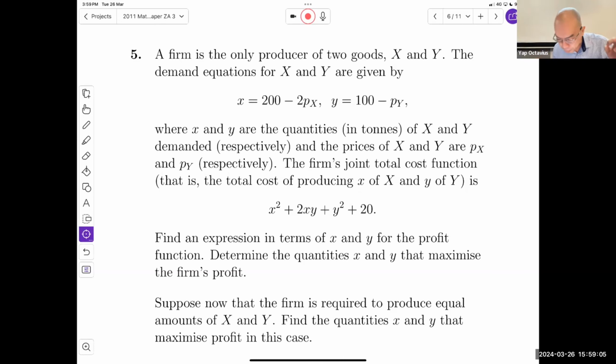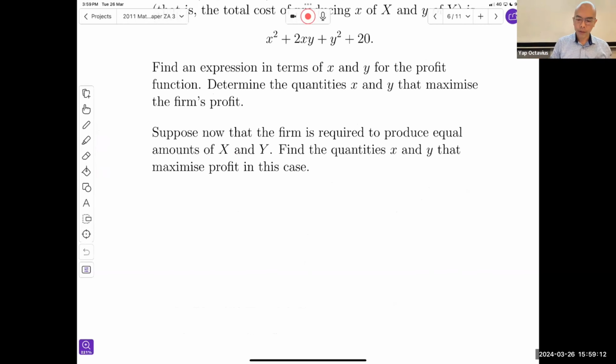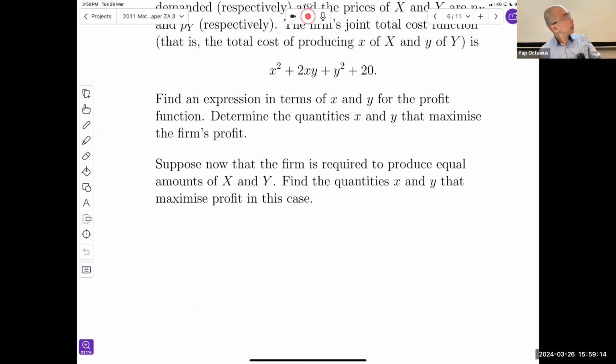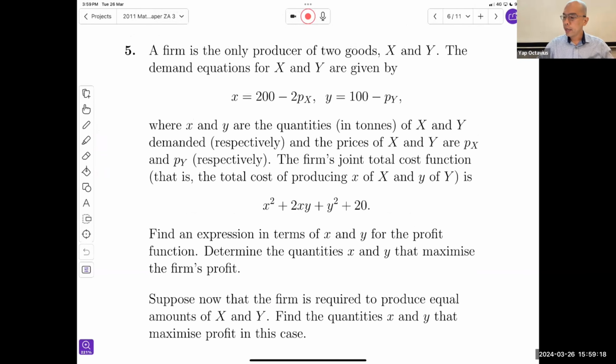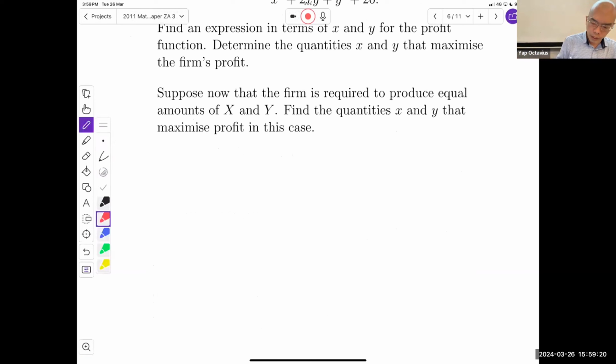Then we can find our profit. Okay, you all got the question right now. So now, we have demand. Now you can put the X and then the Y. We find them separately, then we combine.